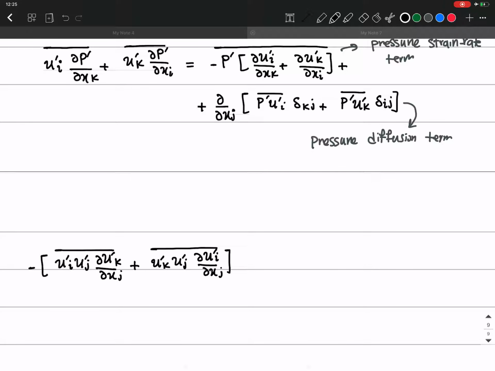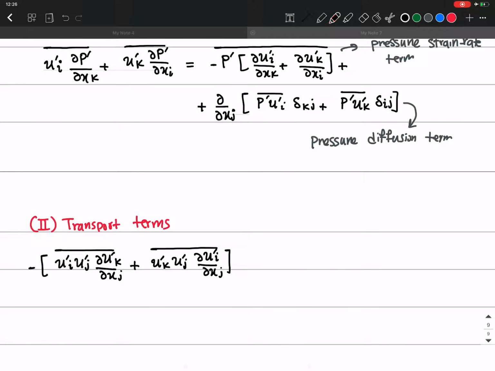And what I'm going to do is add an additional term here, which from continuity we know is 0, to rewrite this term. Okay, so let's do that here. So the second terms are transport terms or divergence terms.